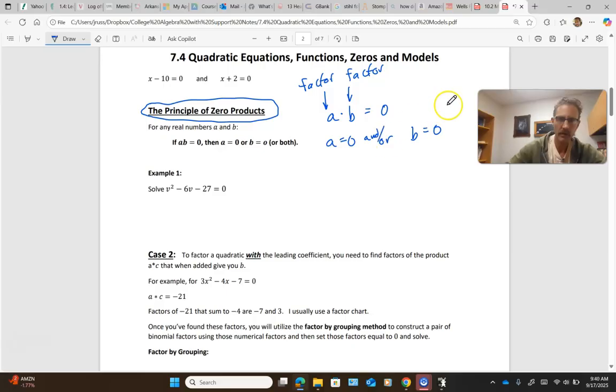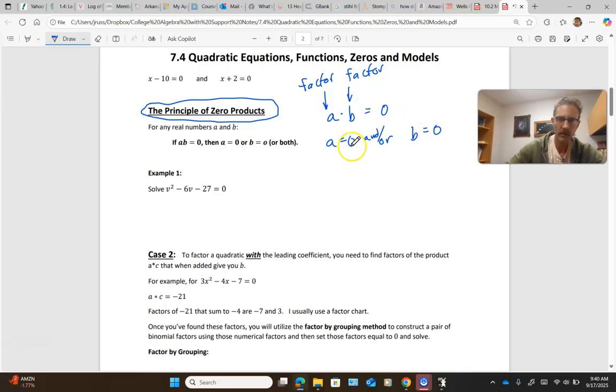This is similar to me saying I'm thinking of two numbers such that when I multiply them, I get 0. Can you tell me anything about either of those two numbers? Well, most people intuitively would say, well, one of them has got to be 0. Otherwise, you're not going to be able to multiply and get 0. Or they could potentially both be 0.